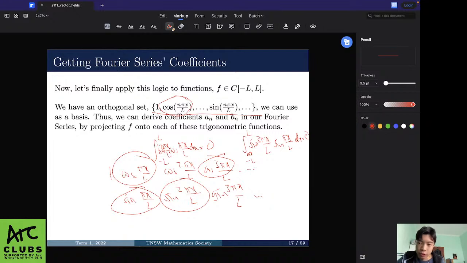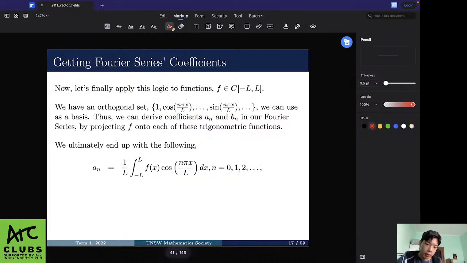Now, since this is true, we can use it as a basis, and so how can we derive the coefficients an and bn? Well, we know an is going to be the coefficient of cos n pi x on L. So the way we do it is we have this as our basis vector, and so we want to project f onto our basis vector.